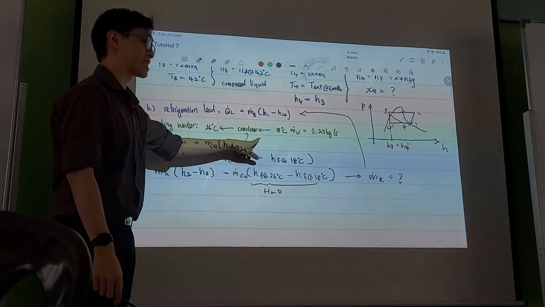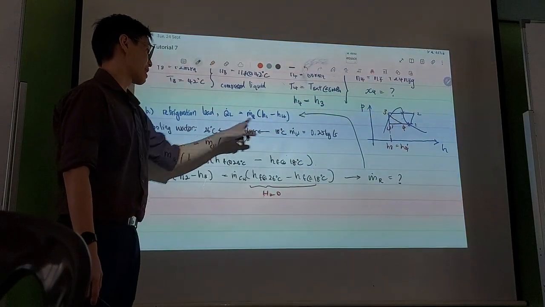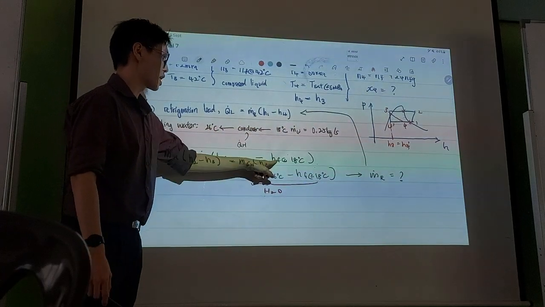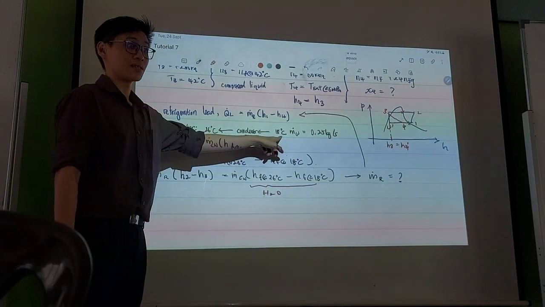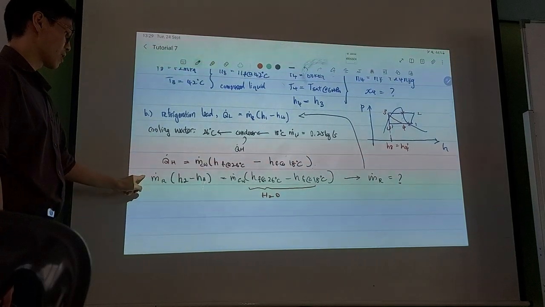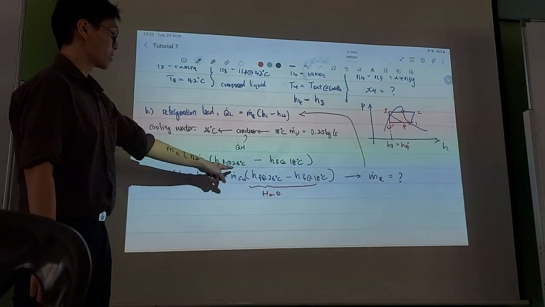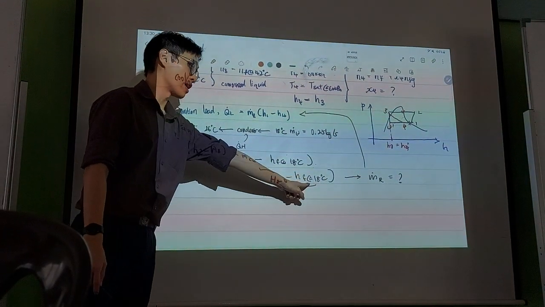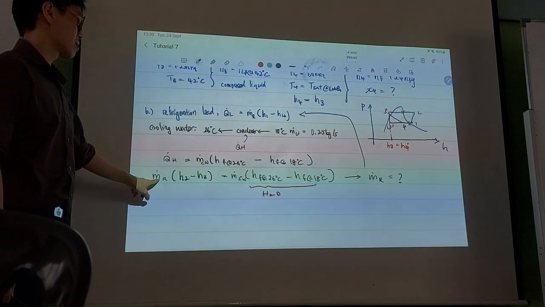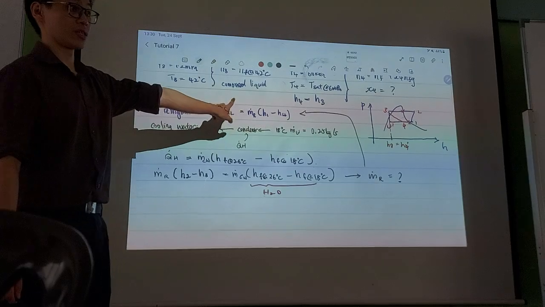So if it is compressed liquid, then the enthalpy will be hf at 26 degrees Celsius, hf at 18 degrees Celsius. You equate these two, then from here, you have this value, you have this value. This is given, you can find these two values. Then you can find the mass flow of the refrigerant, then you sub back in to get the refrigeration load.